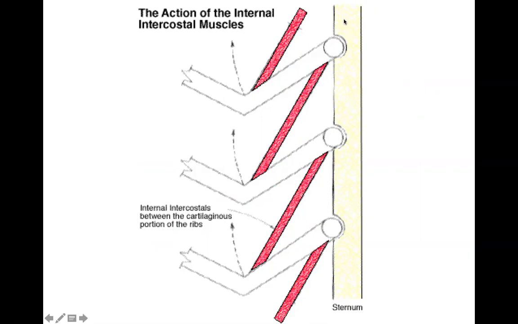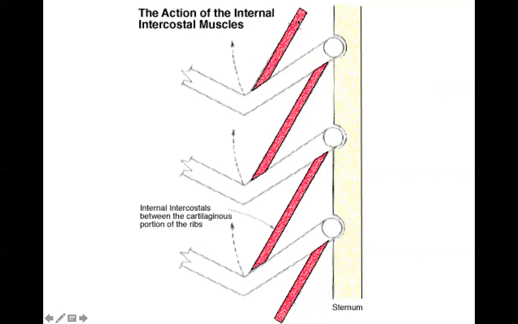So this yellow part right here is the sternum. These white sections would be the ribs. So we have a rib here, a rib here, and a rib here. And then this is the fascicle arrangement for the internal intercostals.